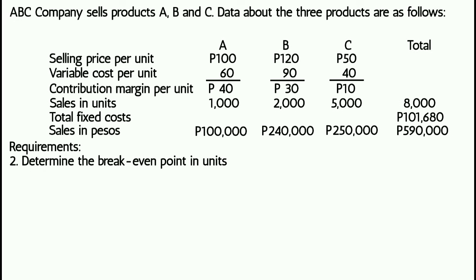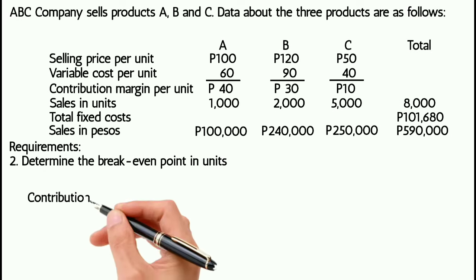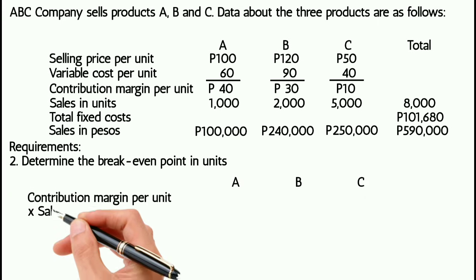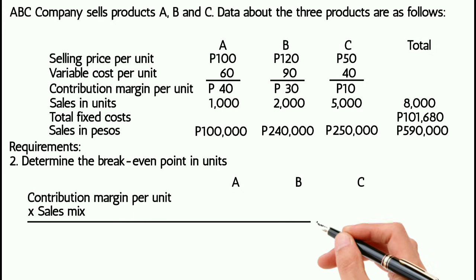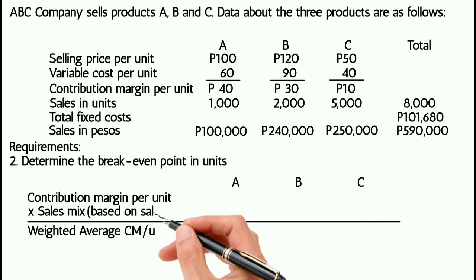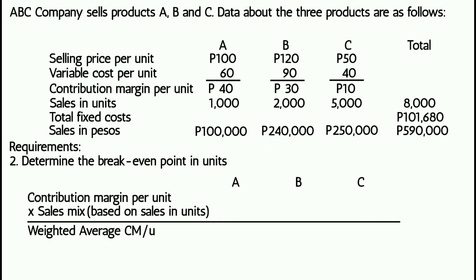To do this, kailangan nating i-multiply yung contribution margin per unit for each product sa sales mix. For purposes of computing the weighted average contribution margin per unit, the sales mix is determined using the sales in units.